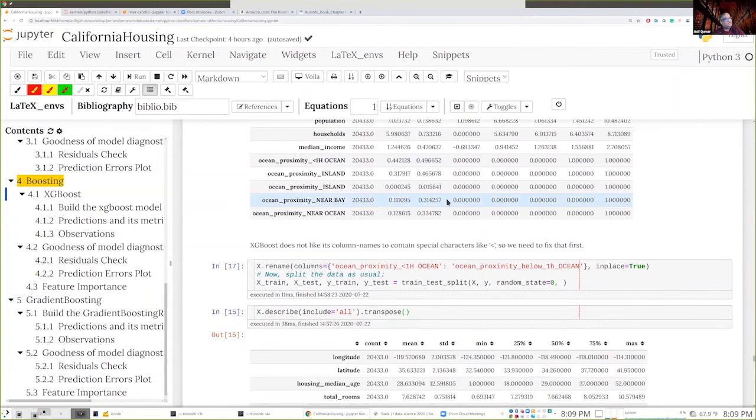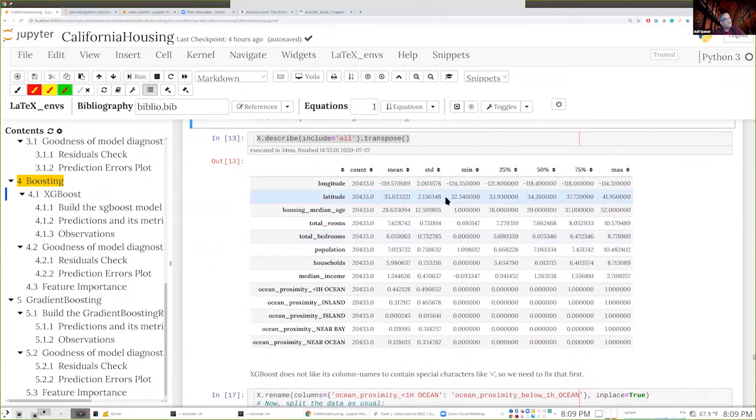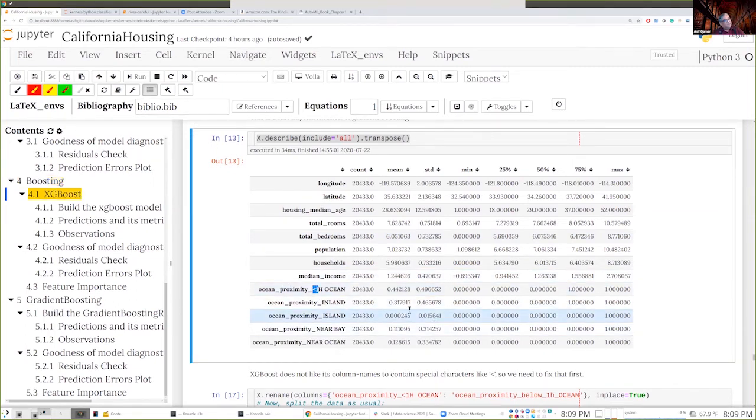By the way, XGBoost has one limitation. When you do one-hot encoding, you notice that your feature names have developed this less-than sign and so forth. XGBoost will fail if any of the features have special symbols: less than, greater than, comma, etc. It doesn't work. It expects alphanumeric and underscore.